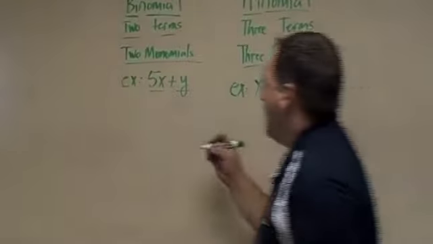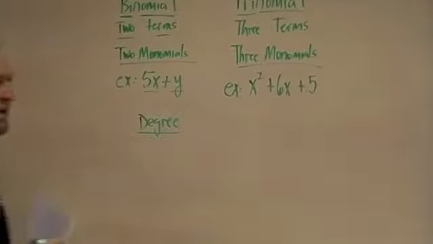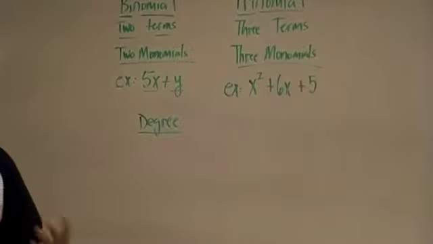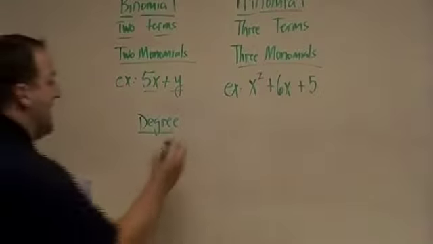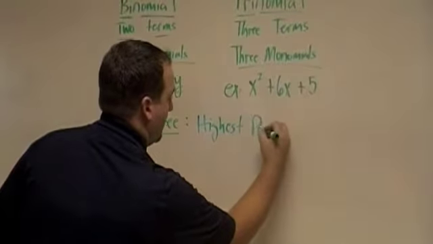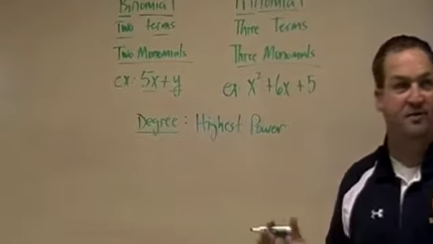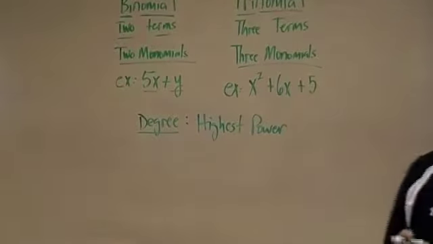The next term talks about the degree. If I say we have a function of degree 2, the degree is the highest power. It doesn't matter if it's 1 term or 50 terms. The degree is the highest power.